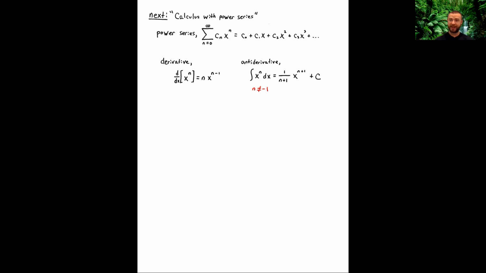So as long as the exponent is not -1, we have this power rule for antiderivatives. You add 1 to the exponent and then divide by that new exponent, n plus 1. Of course, there are some complications with reversing differentiation. Here with antiderivatives, the complication is you get an infinite number of antiderivatives accounted for with the plus c.